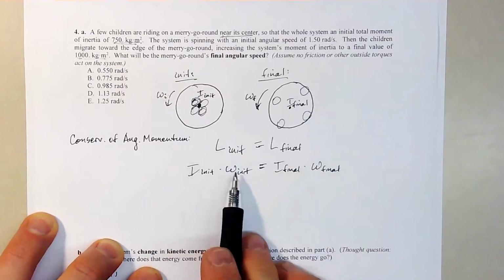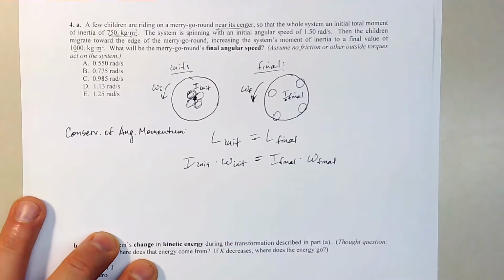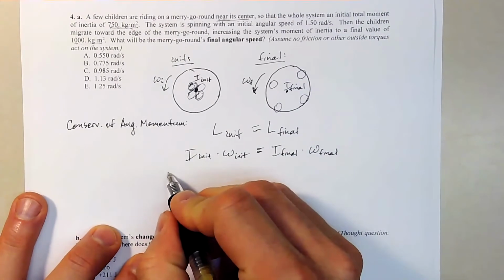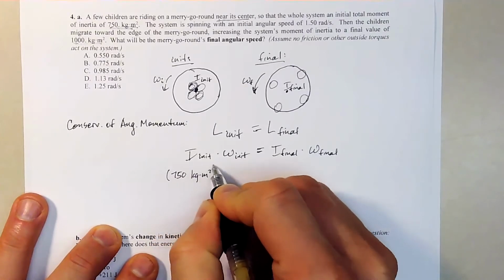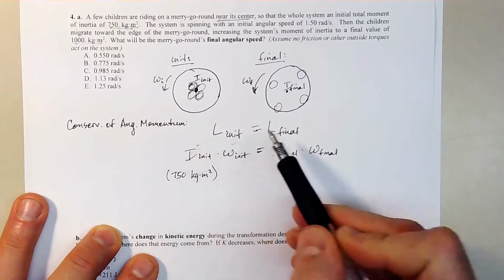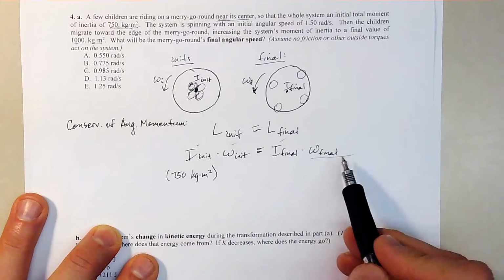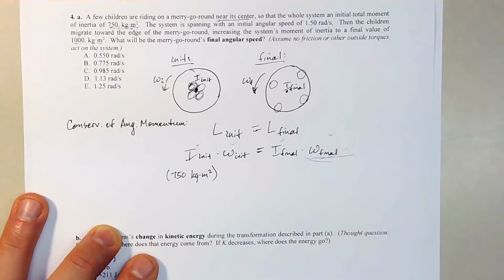L is defined as I times omega. Now we can plug in all the values that we know. We're given these 3 values, and we can solve for our one unknown value at the end.